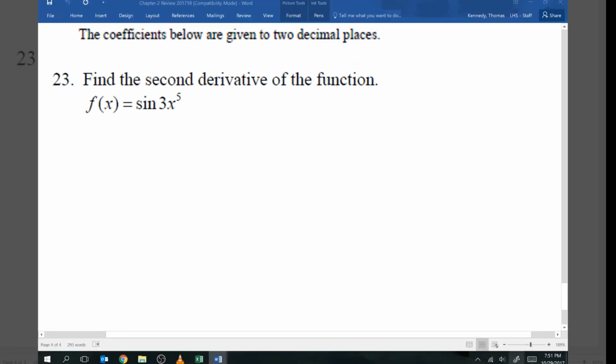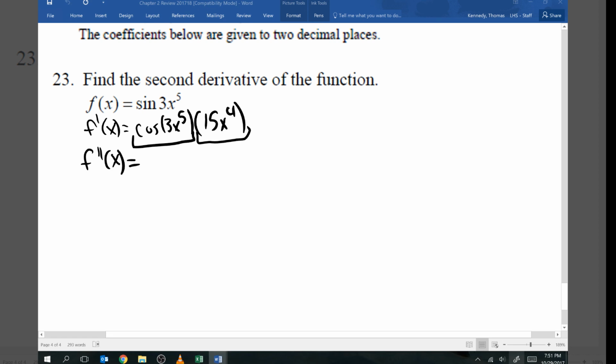Anyways, this question. If we take the derivative of sine, we get cosine. So cosine of 3x to the 5th times the derivative of the inside, which is 15 times x to the 4th. But now for our second derivative, we have a product that we created by doing the chain rule. So that sucks. So our second derivative is going to be a product rule question with a chain rule question. So derivative of the first is negative sine of 3x to the 5th times the derivative of the inside, which is 15x to the 4th, times b.